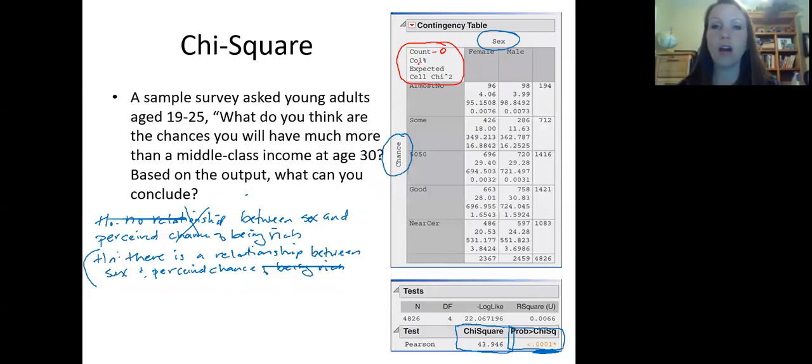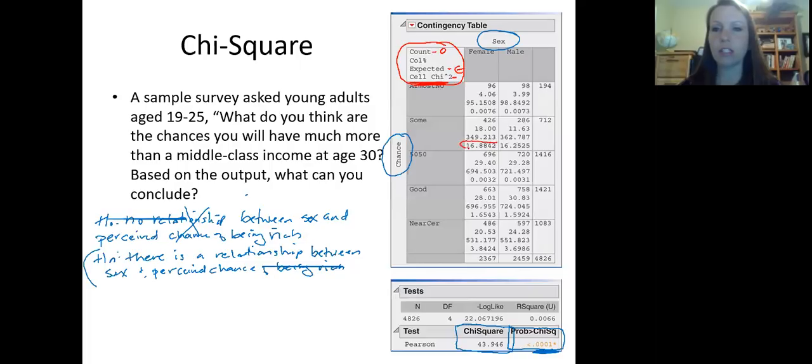The second number is the column percentage. Since we're taking the percent of the column, it's actually the conditional distribution for female and male separately. And then we have our expected value and the contribution to the chi-square. The cell chi-square number is what we're going to look at to figure out what's going on with this data.